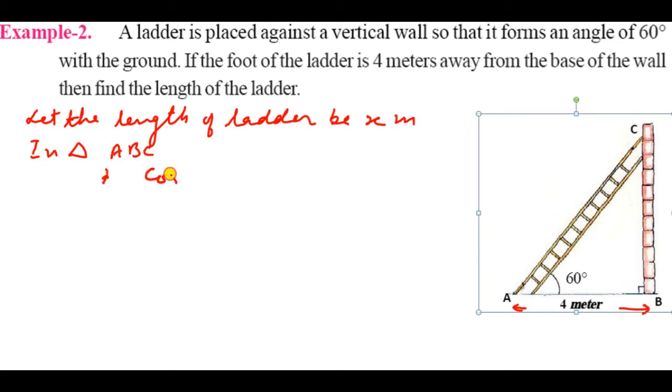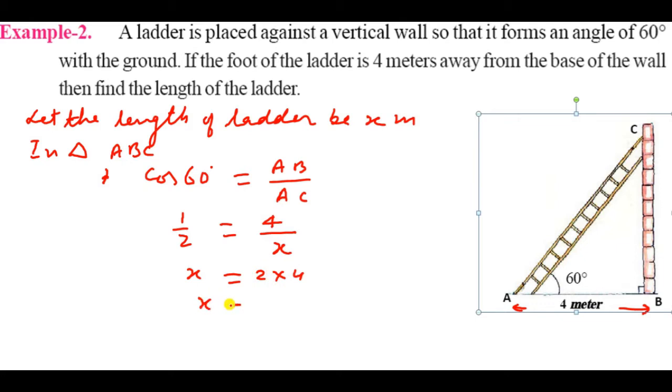So cos is base upon hypotenuse. Base is AB and hypotenuse is AC. As you know, the value of cos 60 is 1 by 2. AB is taken as 4 meter, and AC is X. Now do the cross multiplication. X equals 2 into 4, so X becomes 8 meters. So that is your answer. This is the length of the ladder.